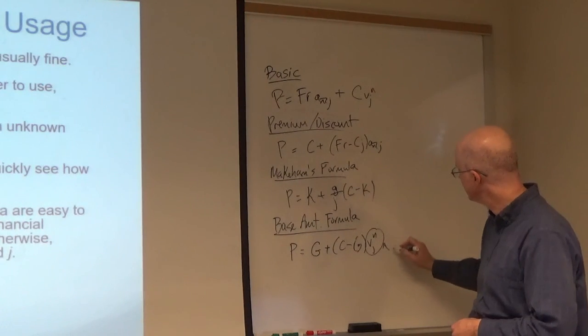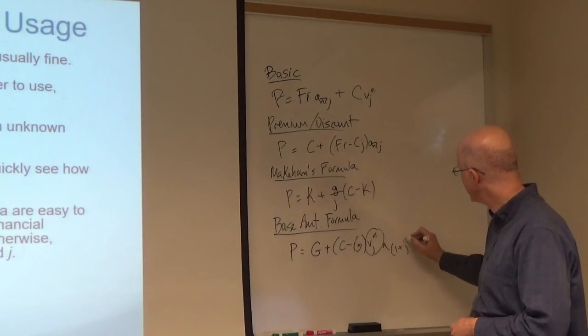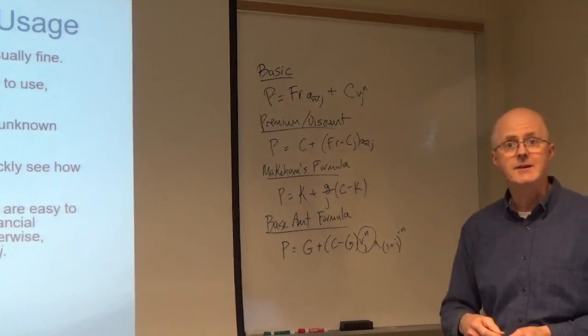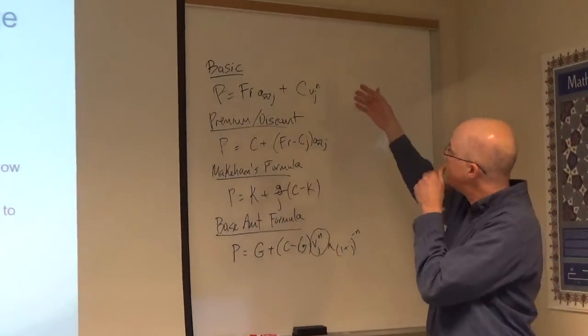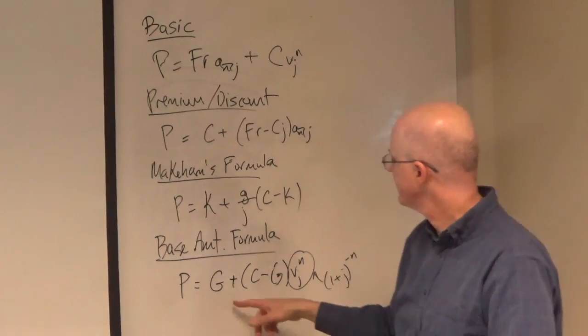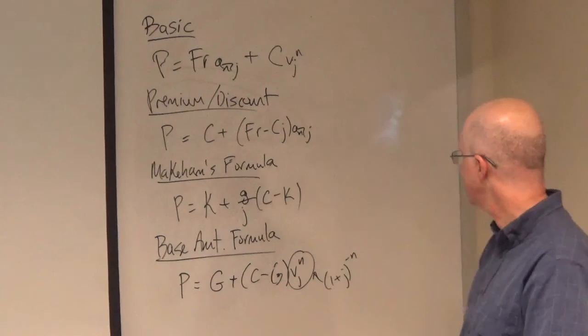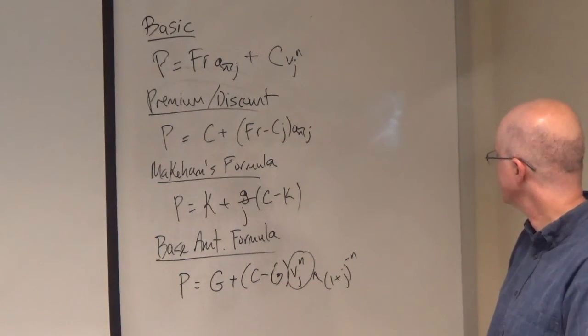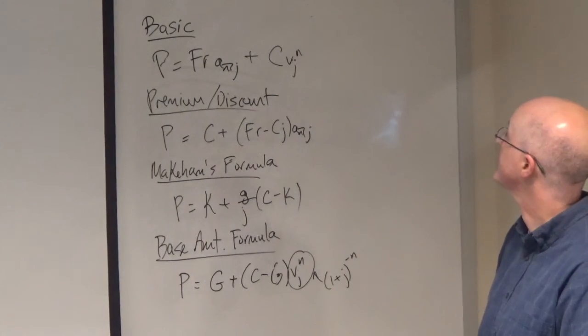That's the same as 1 plus j to the negative n if you need the yield rate, if it's not too hard to find G, C, and N. Those are given to you. Or maybe you know V to the N and you can solve for j that way. That would be real easy.